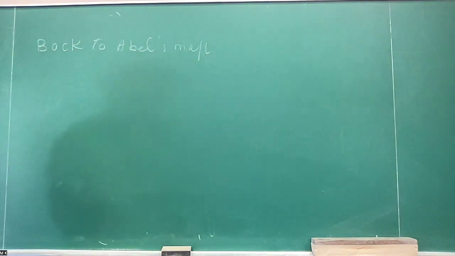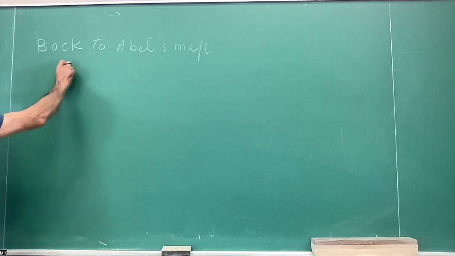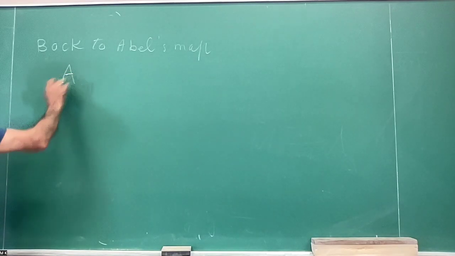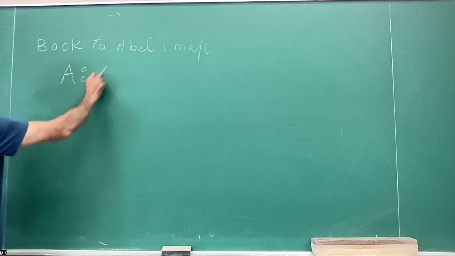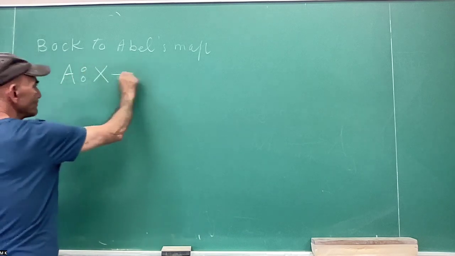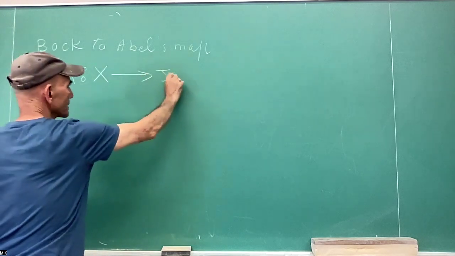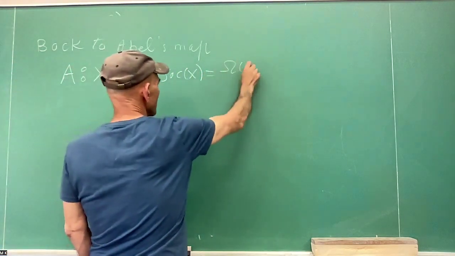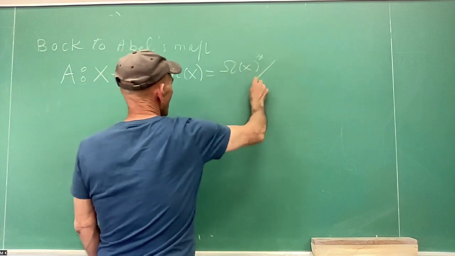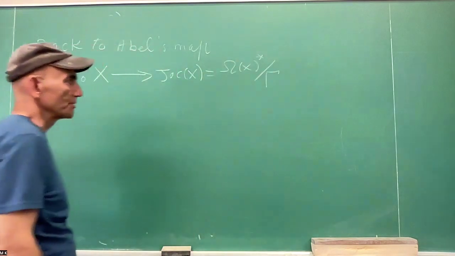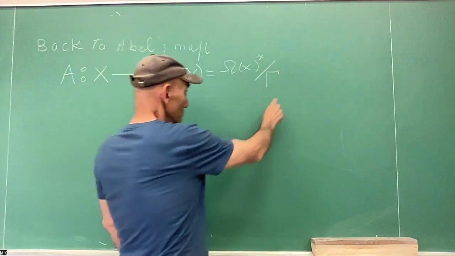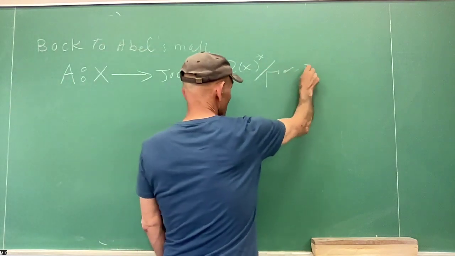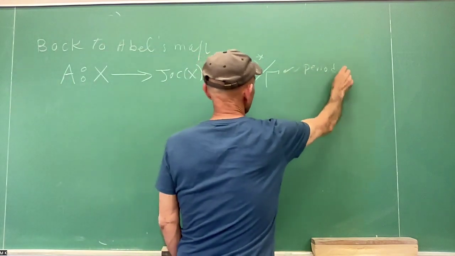So what is this Abel's map? I'm changing the notation. A goes from X to the Jacobian of X, which is again omega X star divided by the period lattice.